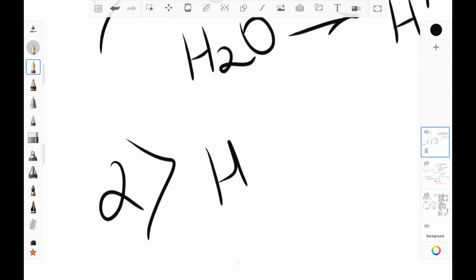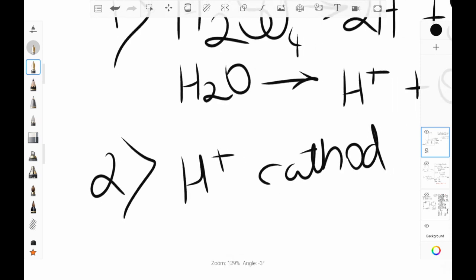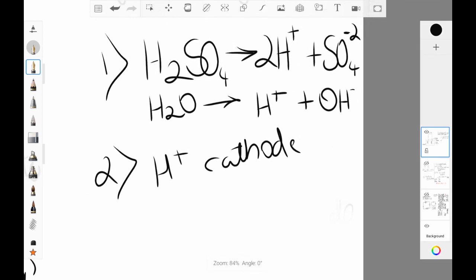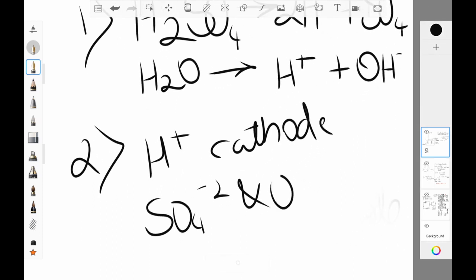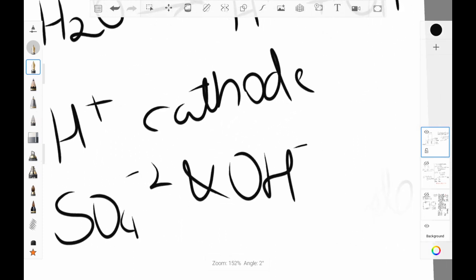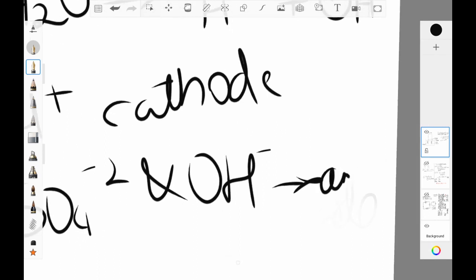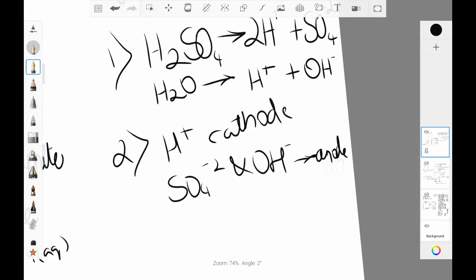So all of these will go to the cathode, and you don't need to worry about preferential discharge there. And then the sulfate ion and the hydroxide ion go to the anode. So over here, you'll see preferential discharge occur.